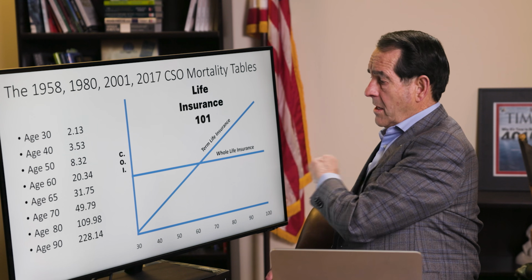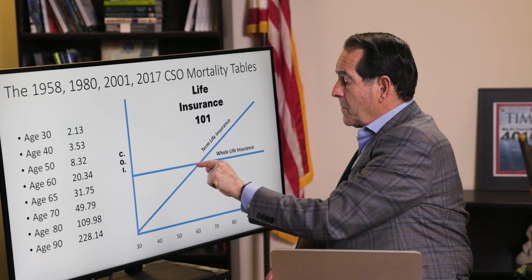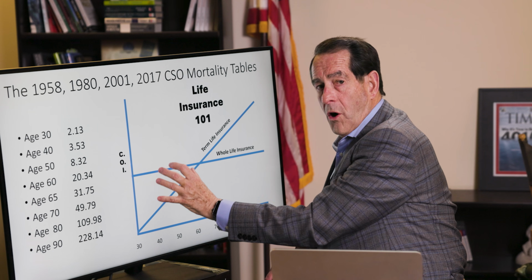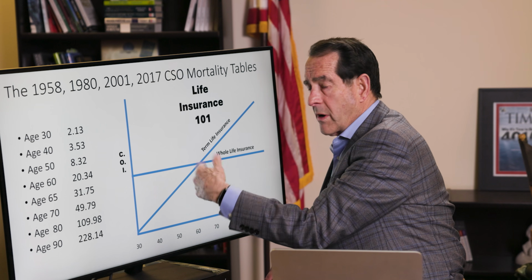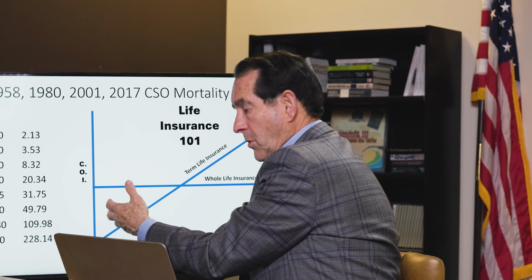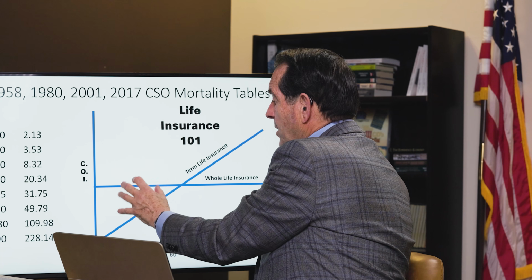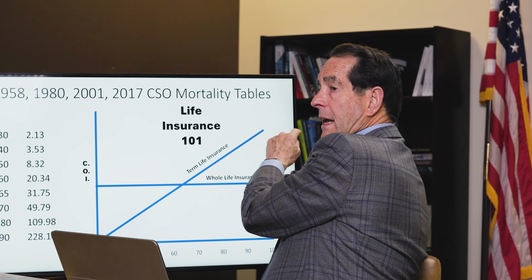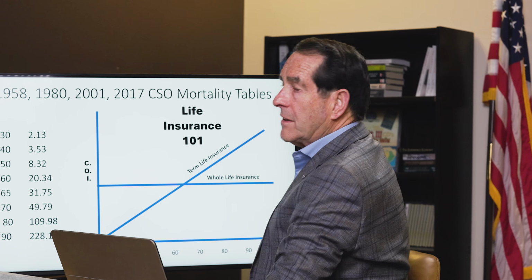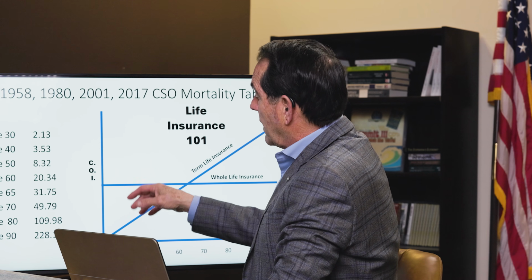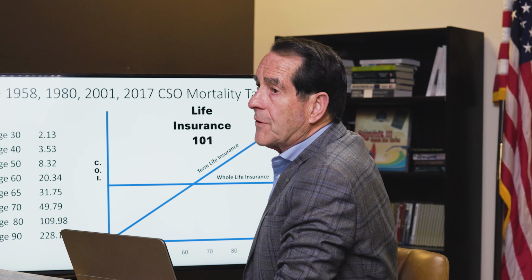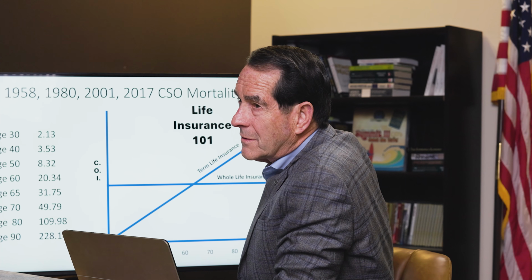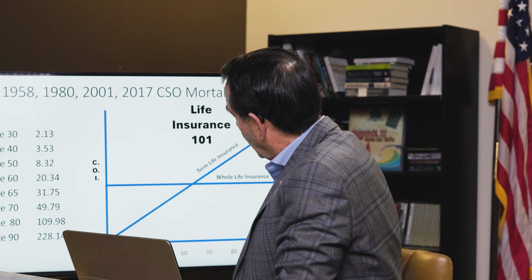Does that make sense? So whole life, you pay the same premium for your whole life. You overpay the early years, which creates cash value in the policy. And then that cash value is there to cover when you're underpaying later in your life. And so they can take some of that money and interest on that money and keep the life insurance risk covered. Does that make sense? Okay.